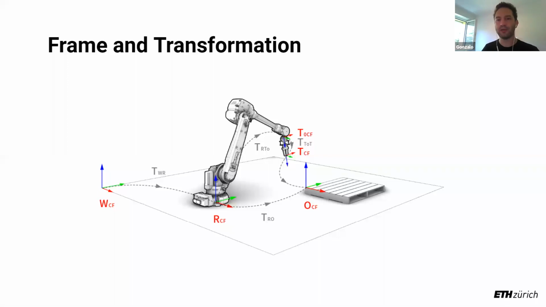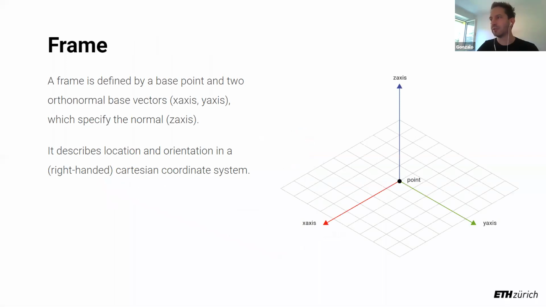So, fundamentals. Two concepts that are super basic and come from the geometry field, but we need them in robotics: frame and transformation. Each one is represented by a class of the same name in COMPAS. Frame, I guess I don't need to explain to you. The only clarification is that a frame is what Rhino calls a plane.